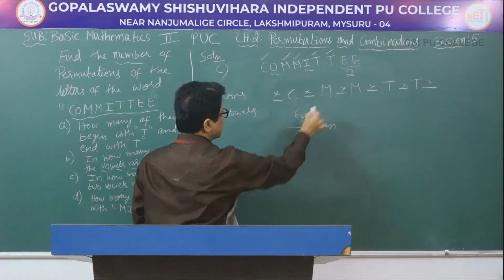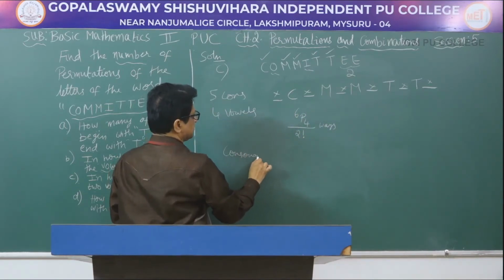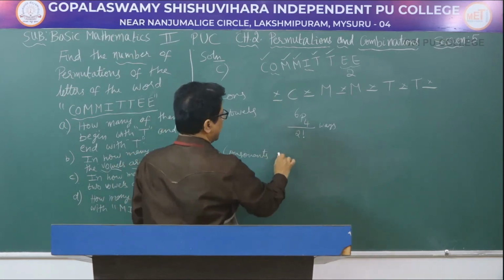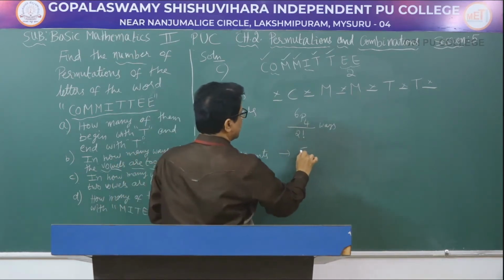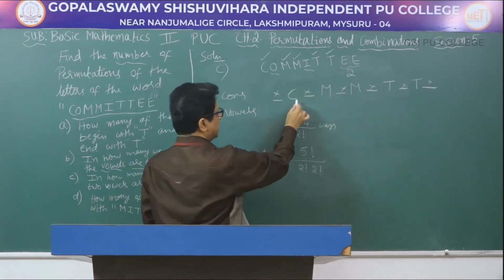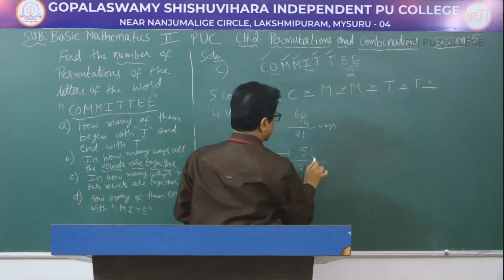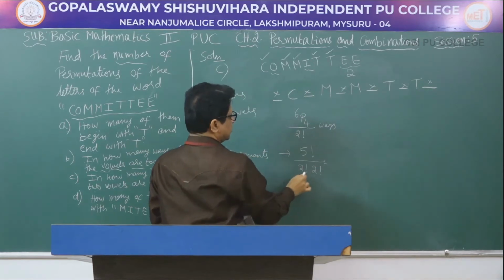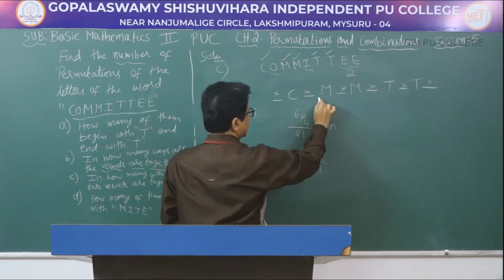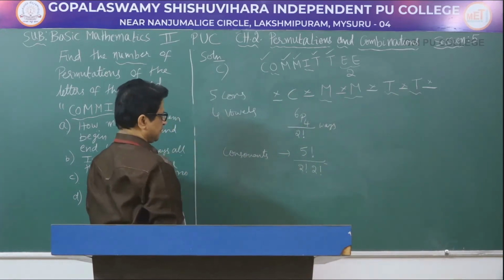And the consonants can be arranged in 5 factorial by 2 factorial into 2 factorial, because the total number of consonants is 1, 2, 3, 4, 5, and there are 2 M's and 2 T's.